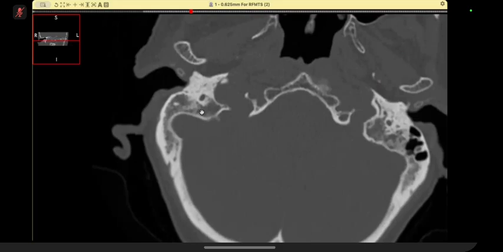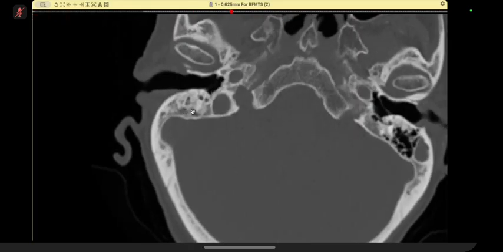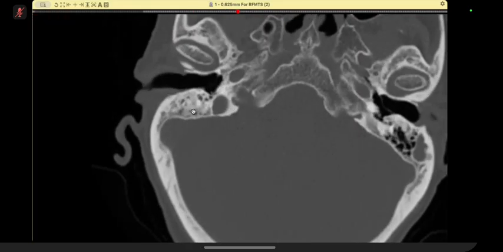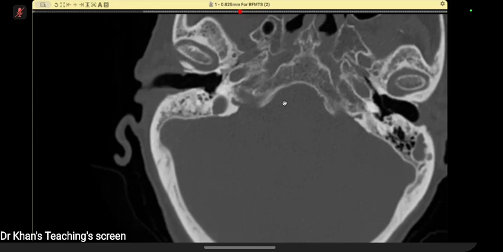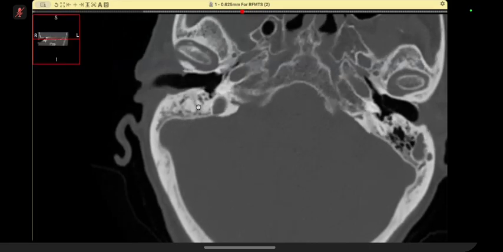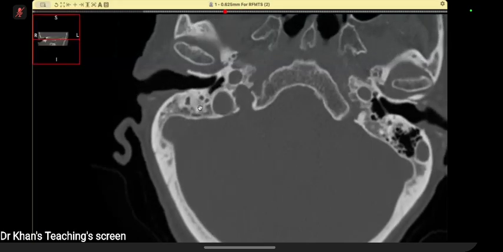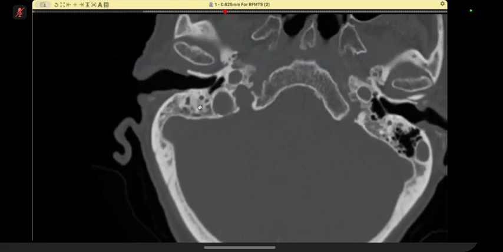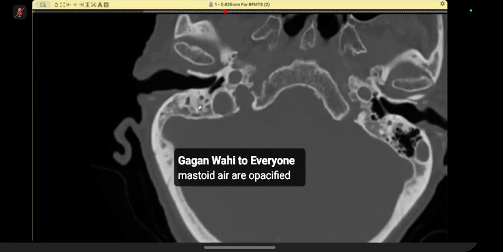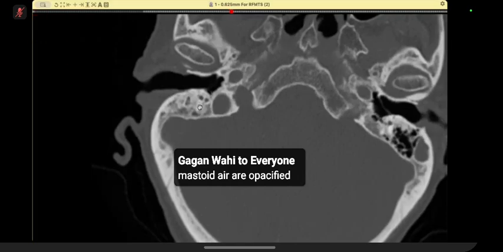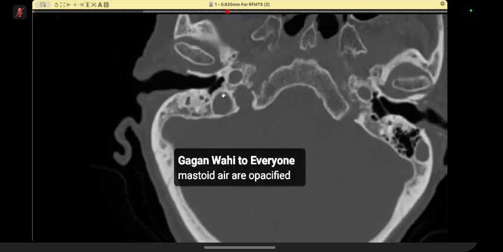So, sir, you used the word destruction. Where is it? Sir, this is a loss of aeration pattern, and there is opacification. I think you overcalled it as destruction. Correct that. Yes, sir, I overcalled the word destruction. So there is loss of aeration and opacification.